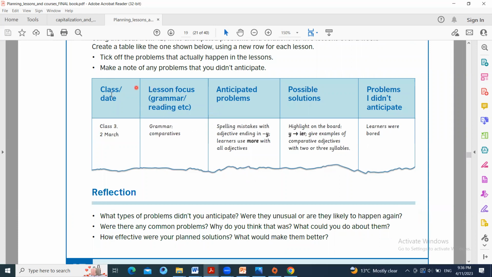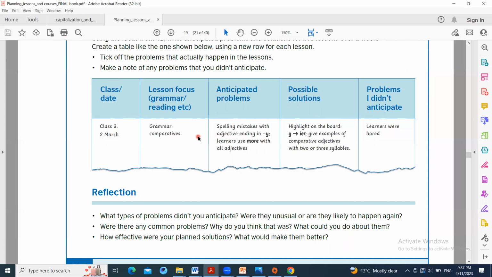You think of the table: the class and date, lesson focus, grammar or reading, etc., anticipated problems and possible solutions, and problems I didn't anticipate.